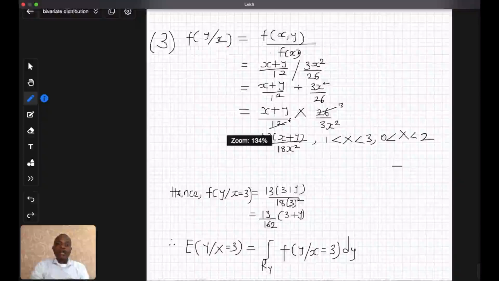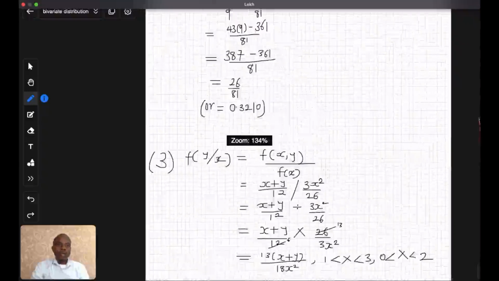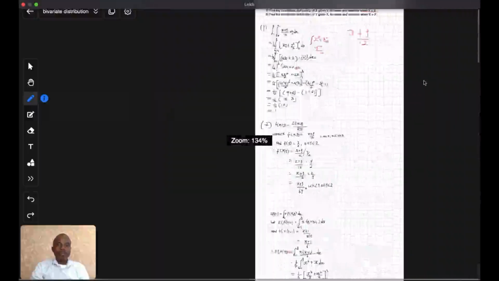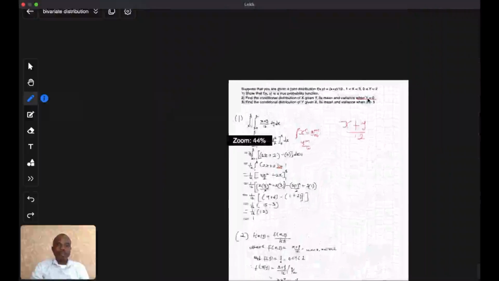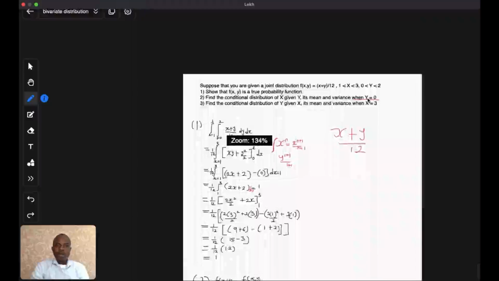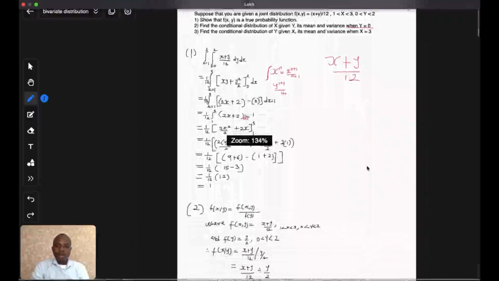Now that becomes this, and since we know the distribution of x, don't forget, let's return and find the distribution of x from the question. We were not actually given it. I didn't write that before.